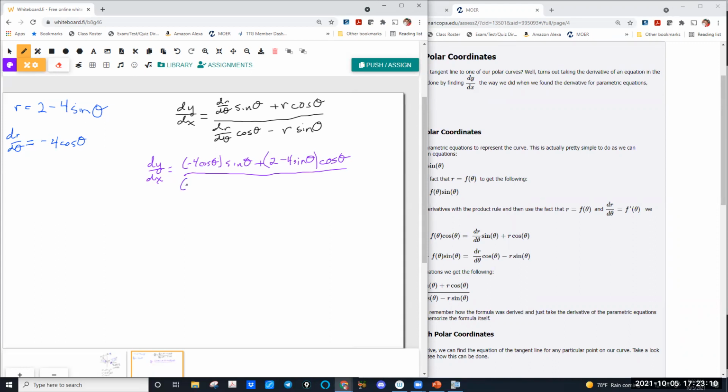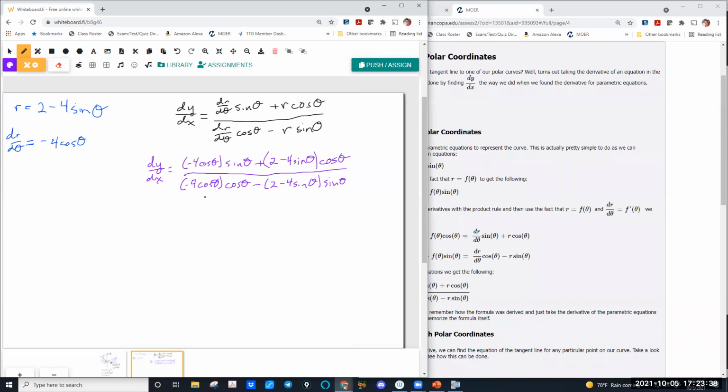So once again, we plug in the minus 4 cosine theta, cosine theta, minus, it's minus this time, 2 minus 4 sine theta, sine theta.